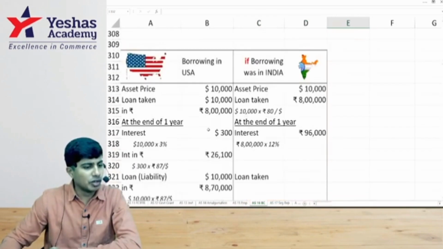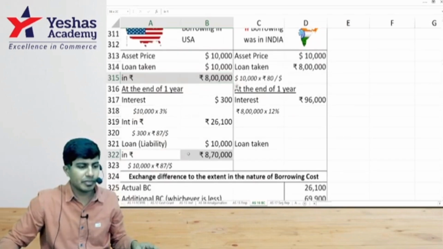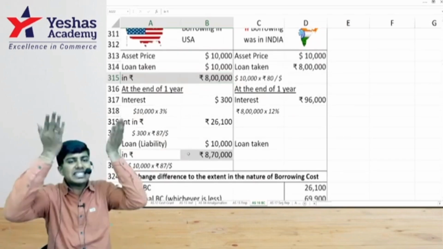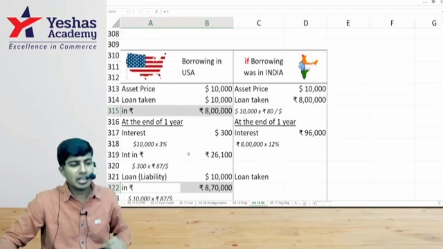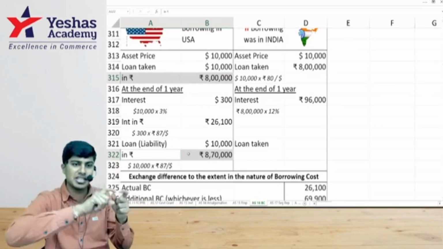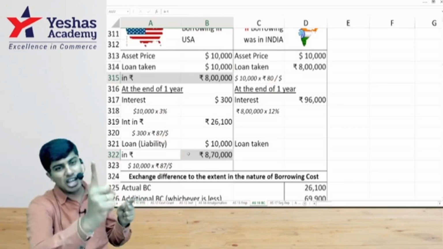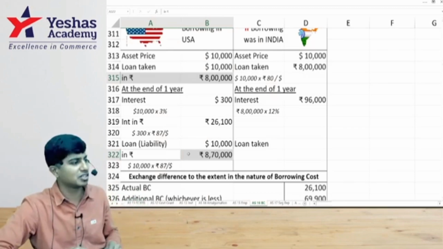Basically, how much was the loan? 8 lakh in the beginning. How much did the loan become? How much is the increase in foreign currency liability? 70,000 increase only; 69,900 rupees will be treated as additional borrowing cost and only 100 rupees is foreign exchange difference.